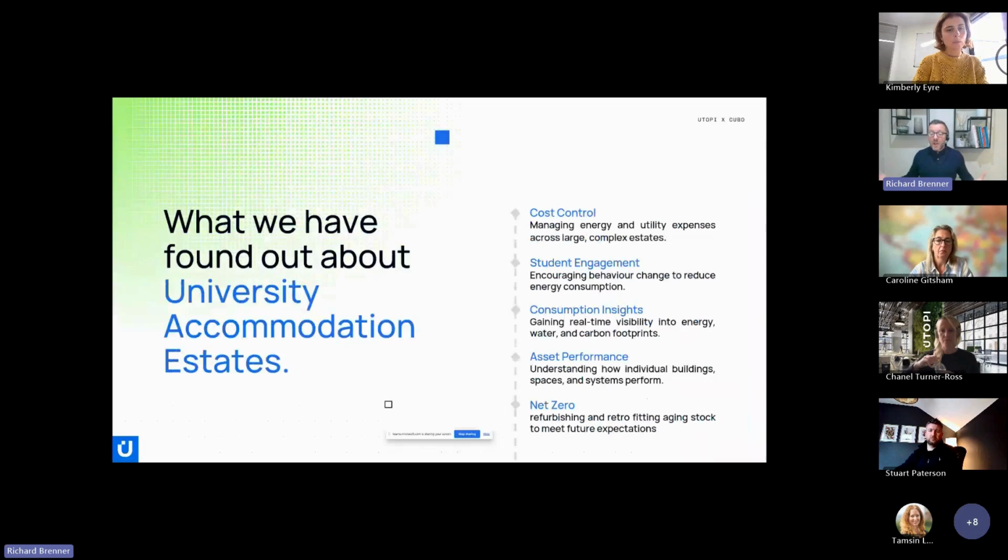In no particular order, but these are the general themes that we've found out through some of our discussions, some of the research that yourselves are facing on a pretty frequent basis. Cost control, I don't think we have to labour on that point too much. Energy and utility expenses are pretty large and can be pretty complex across the estate. So the ability to manage that and have tools to manage that is quite key.